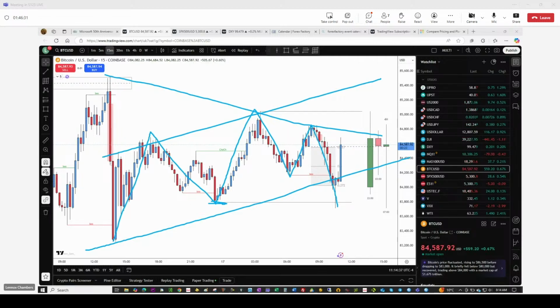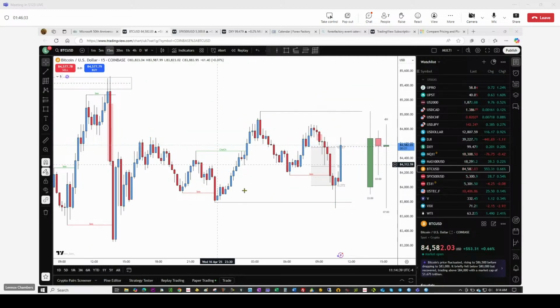But it's very difficult, even for myself, with all this experience with this stuff, I can still get it wrong. So what I'm trying to do is to simplify everything, and that's why I'm trying to tell you guys, simplify it. Just look at what is controlling the current move.